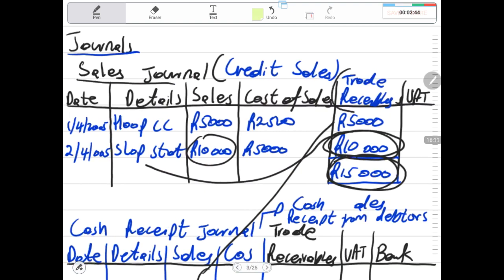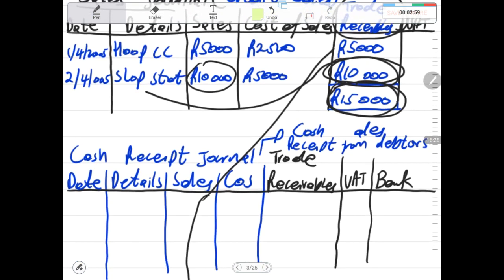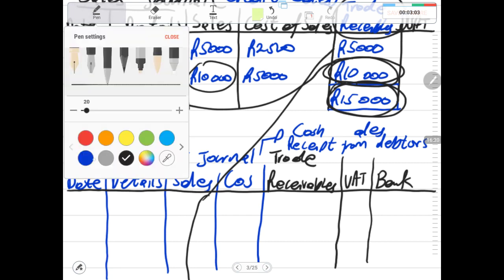Remember, this is trade receivables that is recorded where? In the sales journal, or that appears in the sales journal. That means whenever we sell anything on credit, it will be recorded under the trade receivables. But now we have another trade receivables that is appearing under our cash receipt journal.